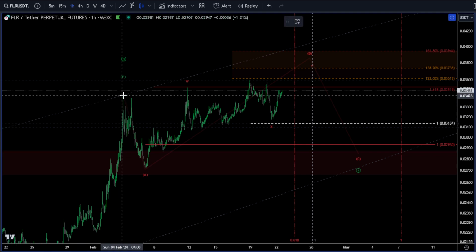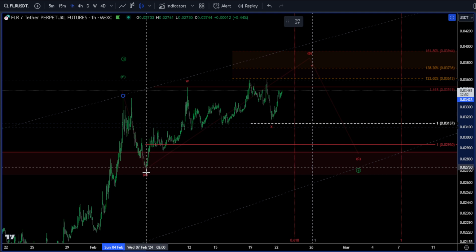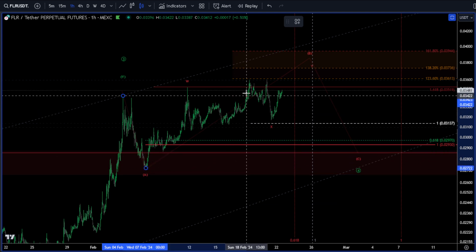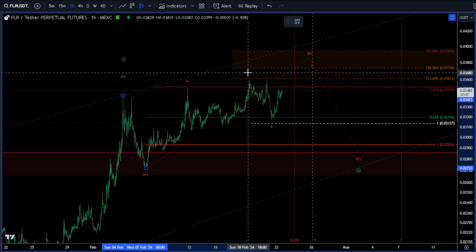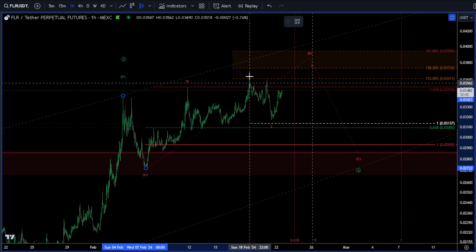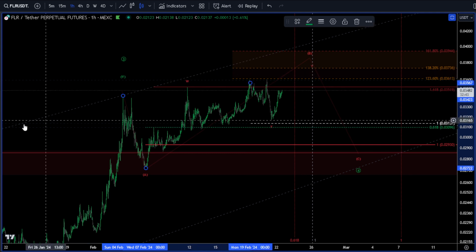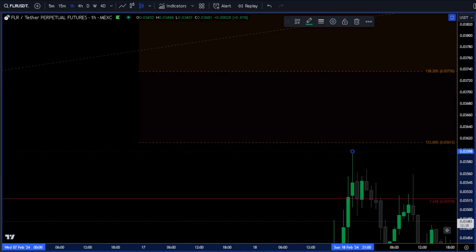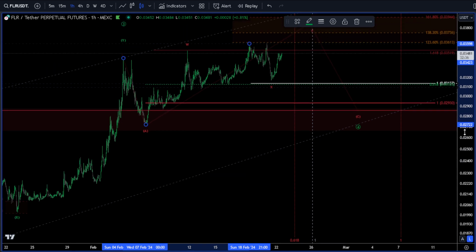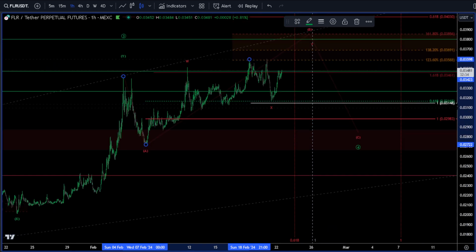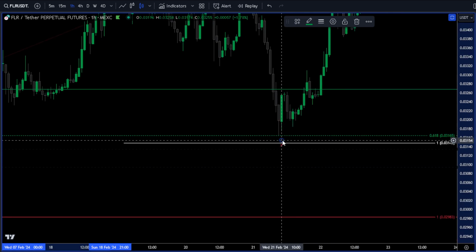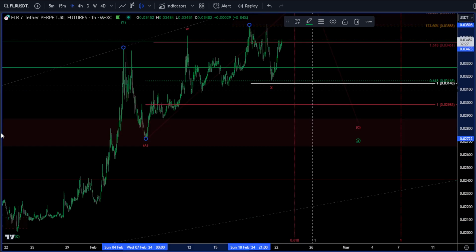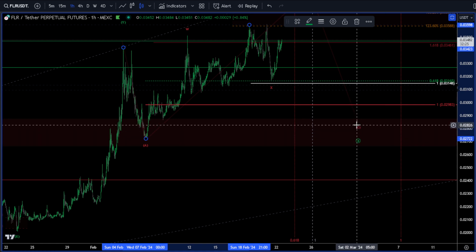Now, you also are aware, if you follow my video, that the minimum requirement to be complete is the 618 extension. So if we zoom out, we are not there on log scale, but we reach the minimum requirement to the tick, as you can see, for this to be considered a C wave complete.